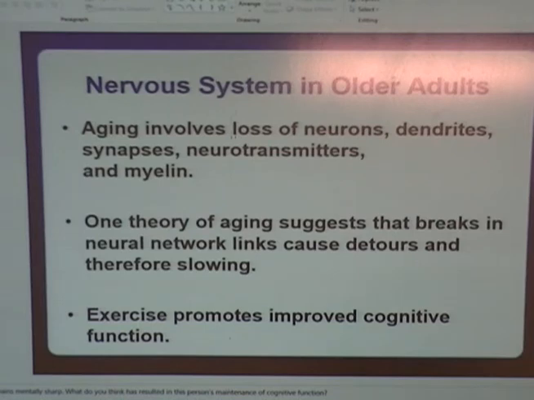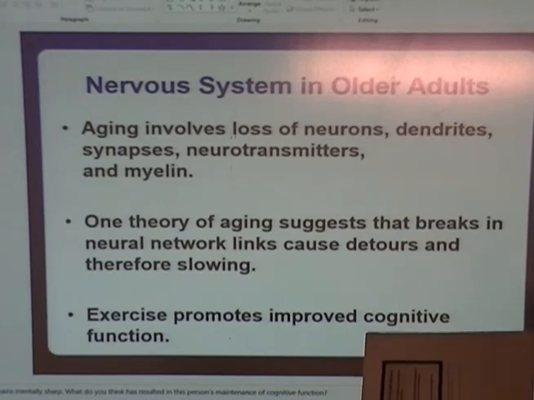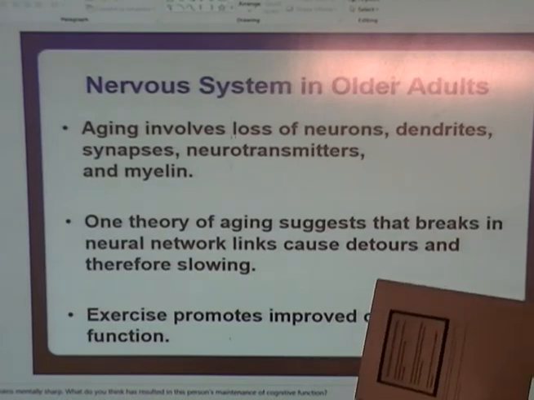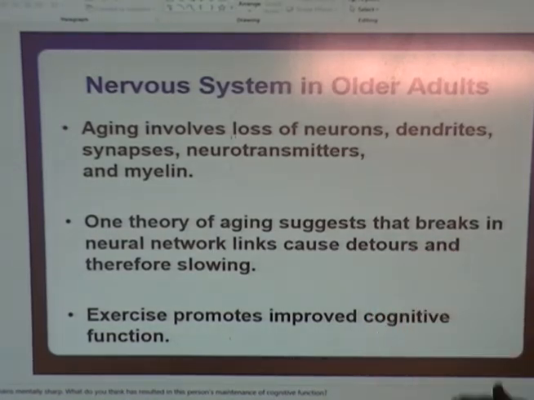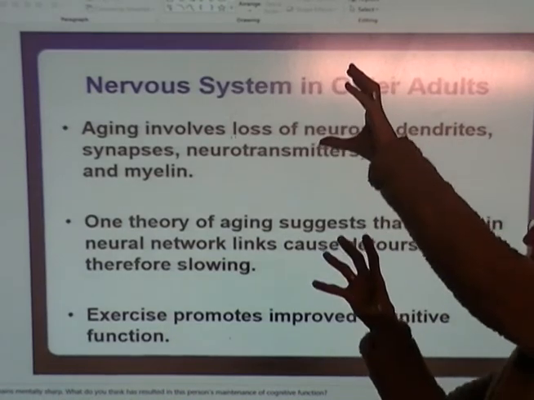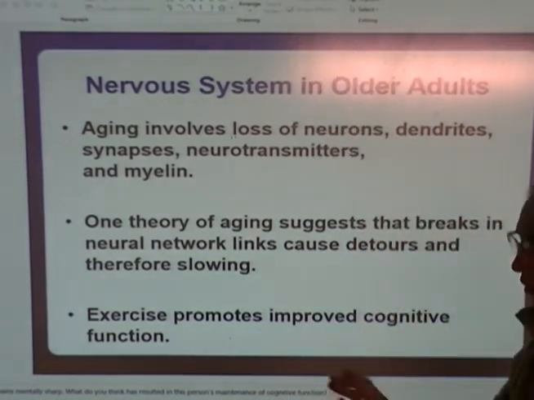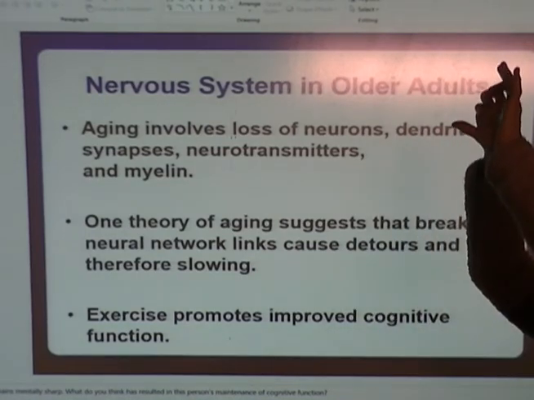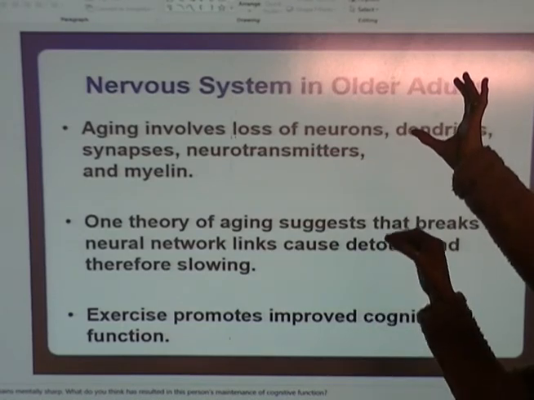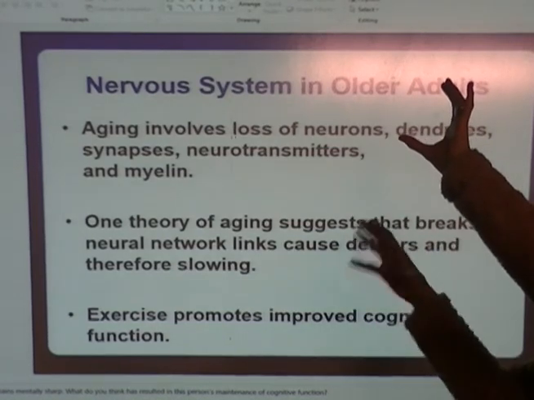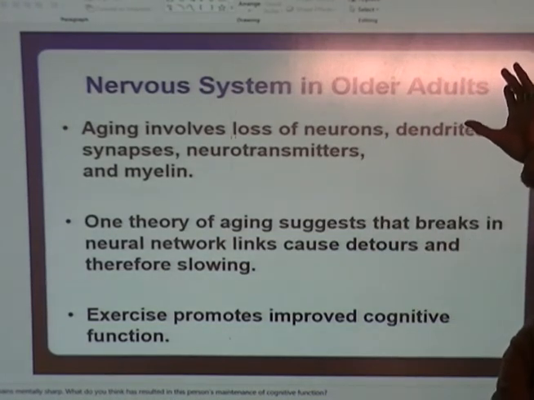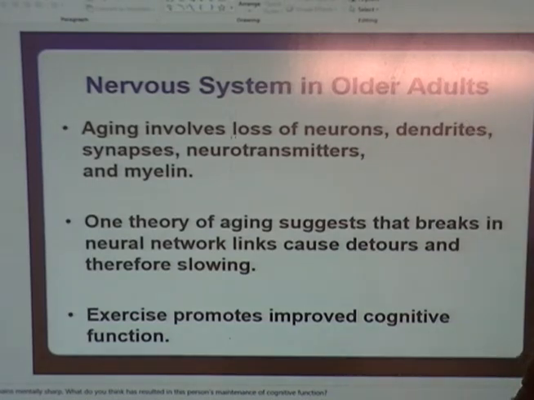One of the theories that might play a role in some of this loss of mental acuity is this: if cell A talks to cell B, talks to cell C, and then the connection between cell A and cell B gets broken for some reason, it deteriorates or it gets damaged, now cell A has to create more pathway to get to cell C to pass that information on.